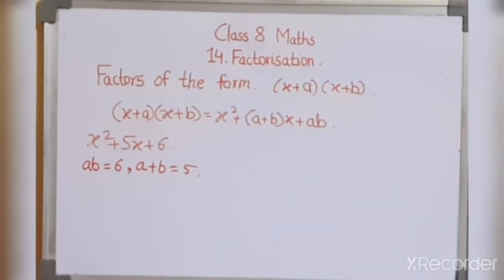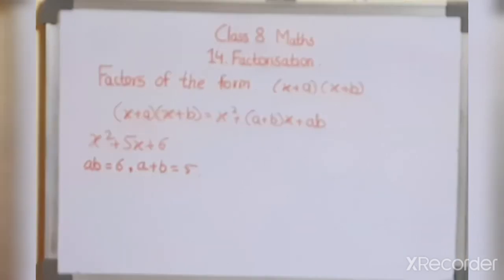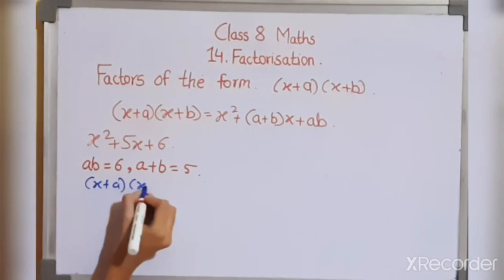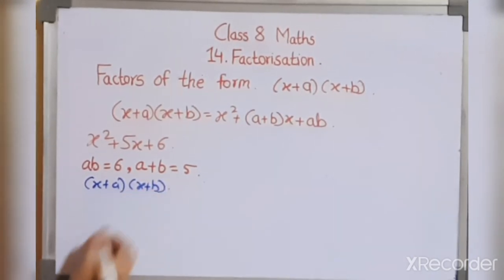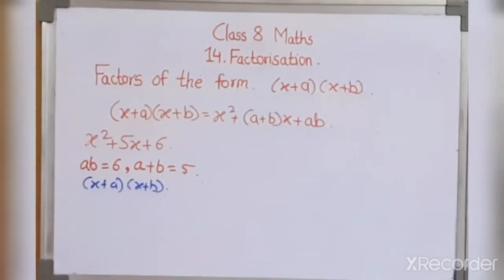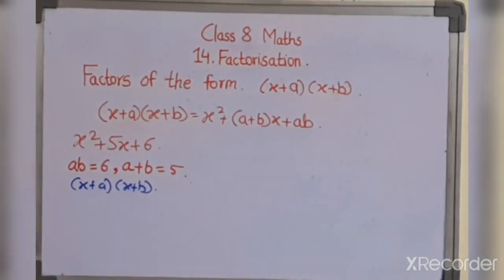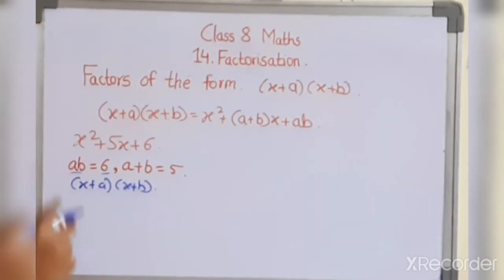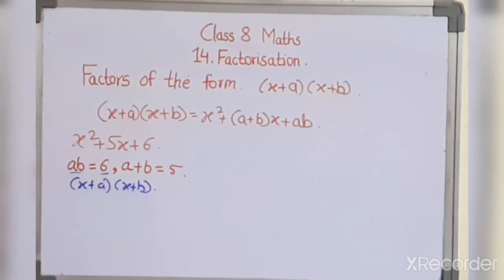From this we must obtain a and b. The factors then will be (x plus a) and (x plus b). So if ab is equal to 6, it means that a and b are factors of 6.